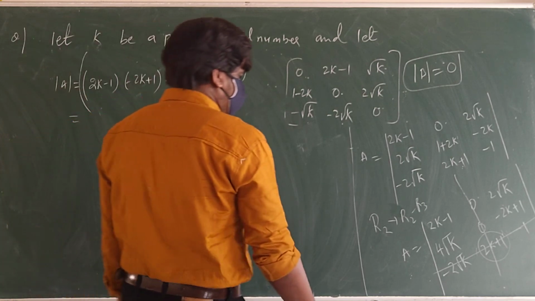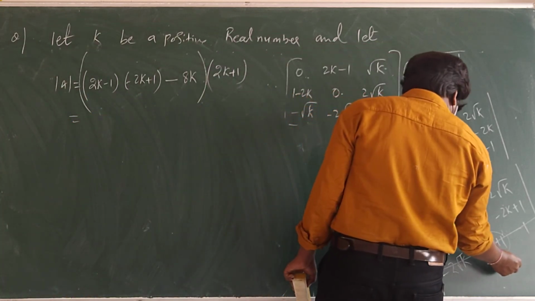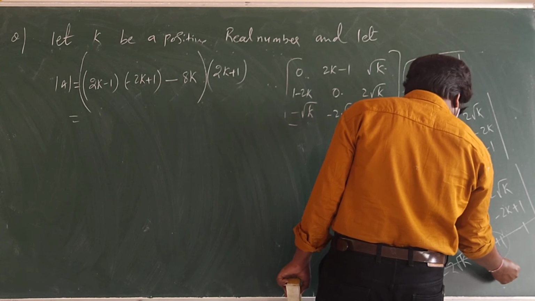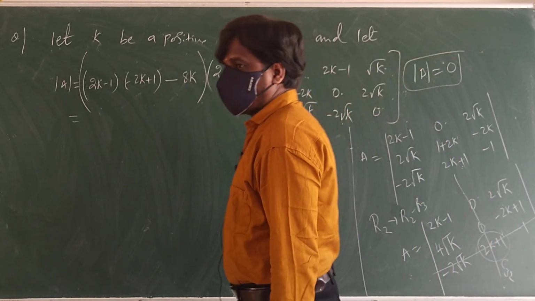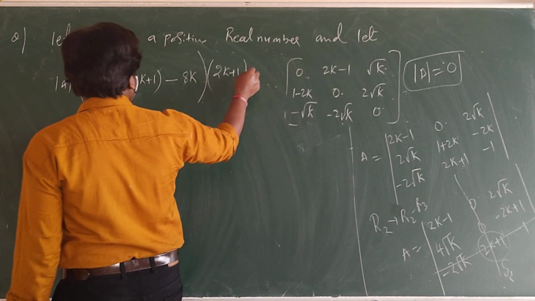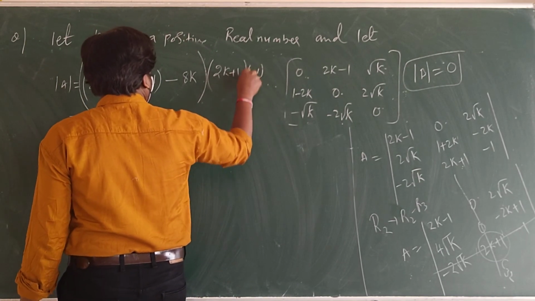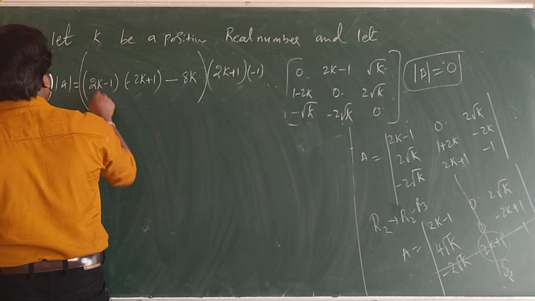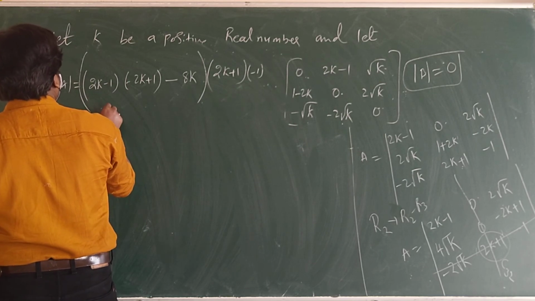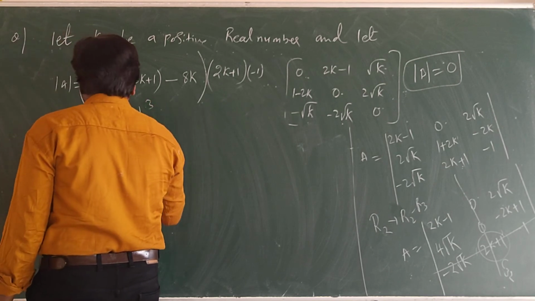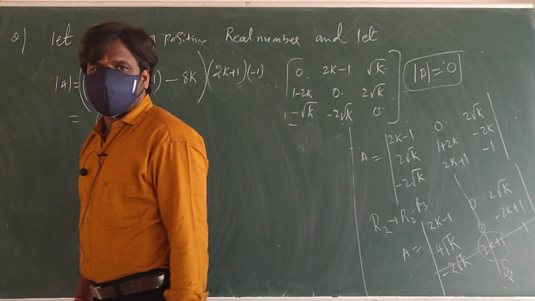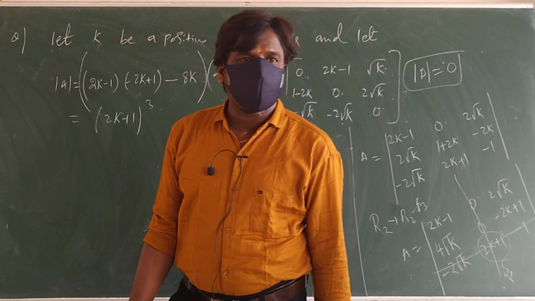And the minus sign is minus 1 to the power, this is C3 2, so minus you will get. So with this minus, what you get here, wholly you will get as 2k plus 1 whole cube. If you simplify that you will get 2k plus 1 whole cube.